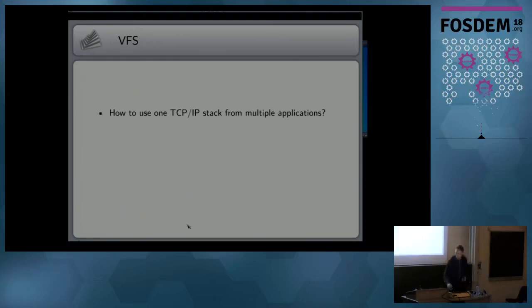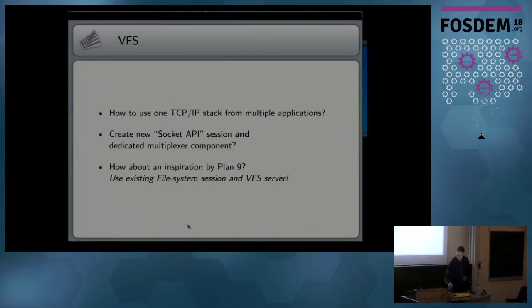Of course, the simple approach at this point would be to introduce a new Genode session, a socket API session, and implement a dedicated multiplexer component. But this would be pretty specialized and not so reusable, so we took inspiration from the Plan 9 system.